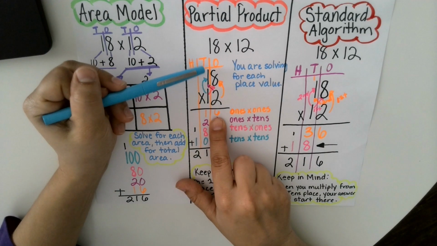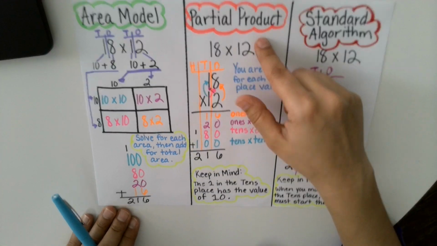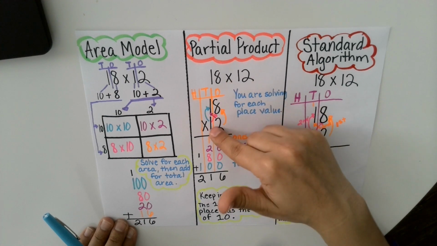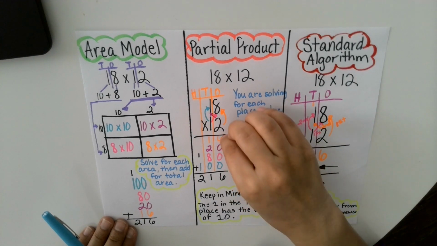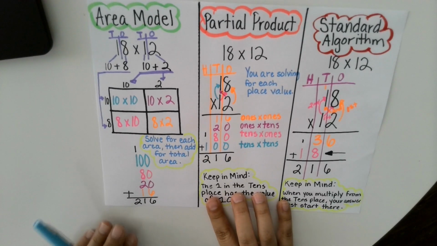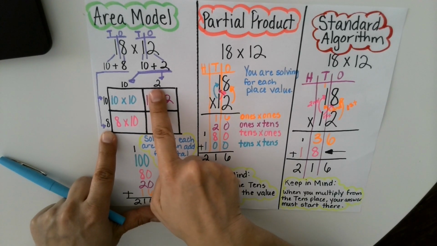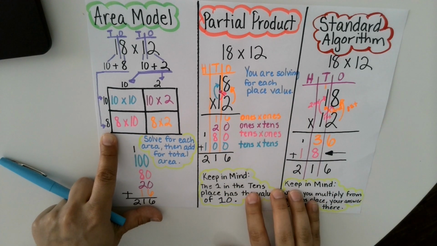We're not carrying it over up to the top like we normally would because we're doing partial product, which means each time we're multiplying numbers, it's its own individual product. We're doing it one part at a time. If we look at the area model where we multiply the ones place times the ones place, it's the same exact thing.